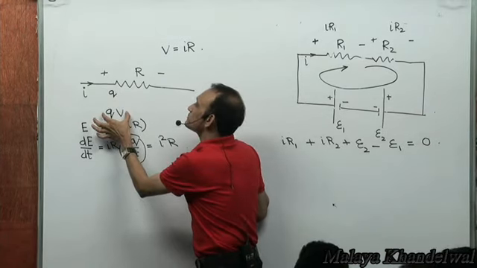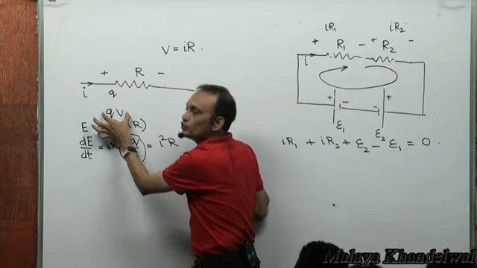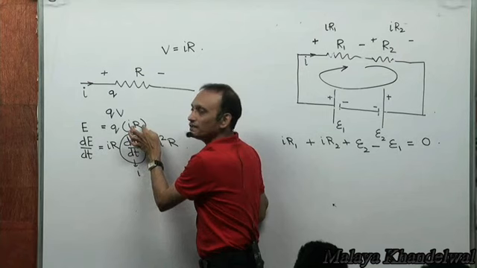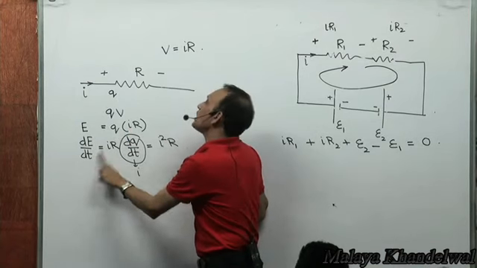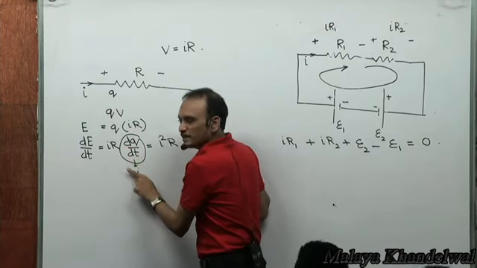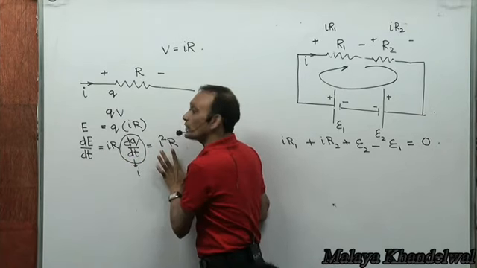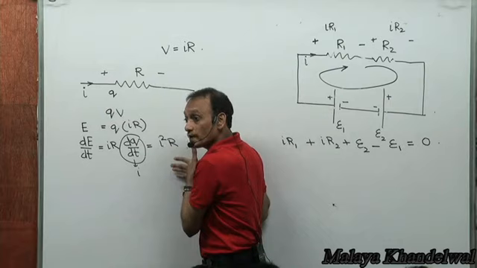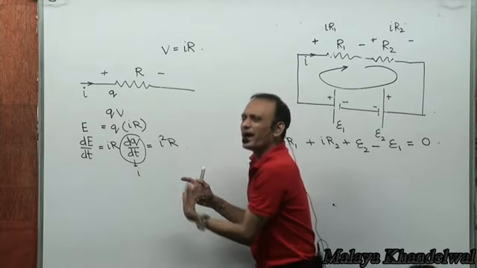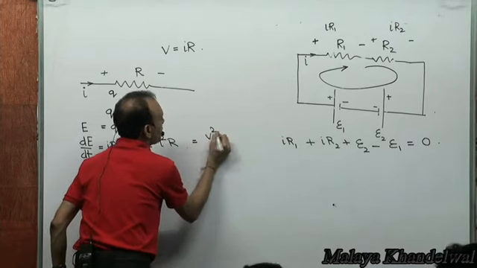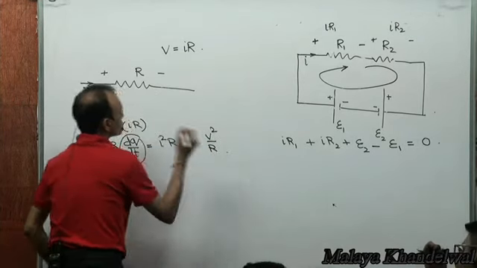The energy it loses is Q into V. V is IR, right? The rate at which energy is lost is IR into dQ/dt, but dQ/dt is I, so that makes it I squared R. I can be written as V by R, so that's also V squared by R.